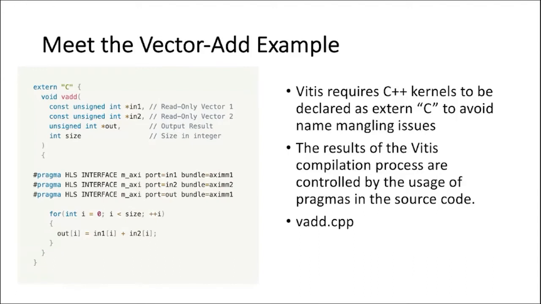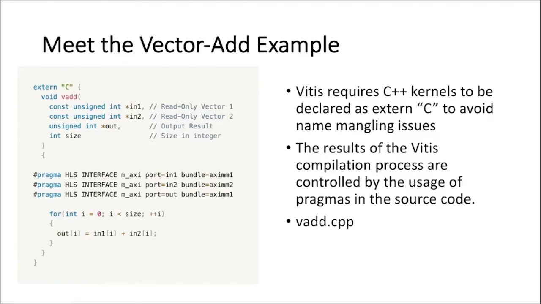The first thing to mention is that the tutorial says we have to declare extern C to avoid the name mangling issue. I'm not sure why, and I think if we develop the Vitis HLS first, we don't have to do this. I'm not sure what will happen if we don't use extern C. Okay, it's just a simple example.